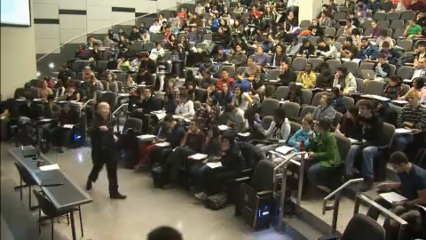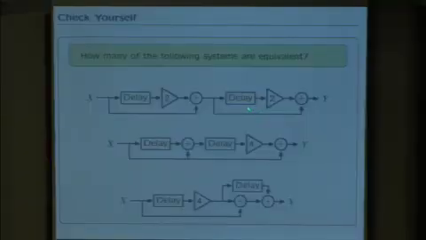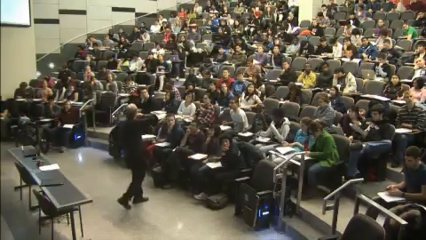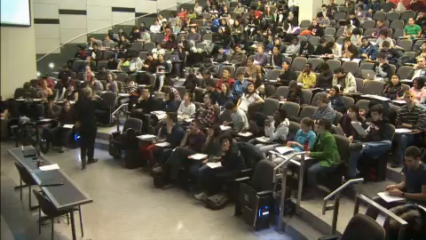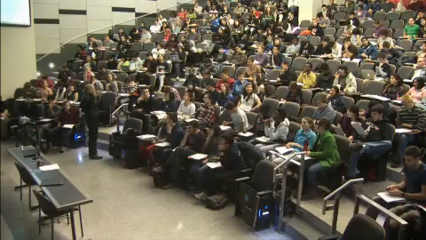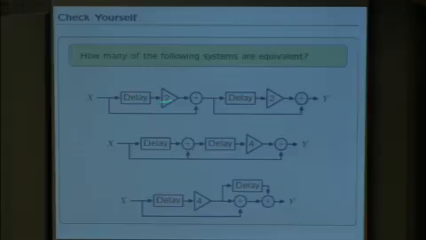Okay, how many distinct signal flow paths are going through the first system? How many distinct signal flow paths can you see? Well, here's one. How many more are there? 3 more.